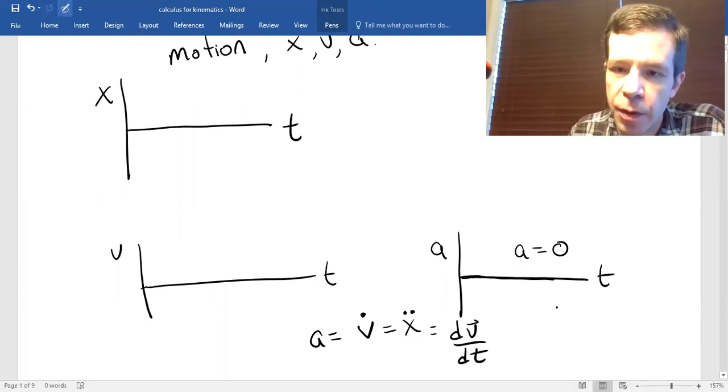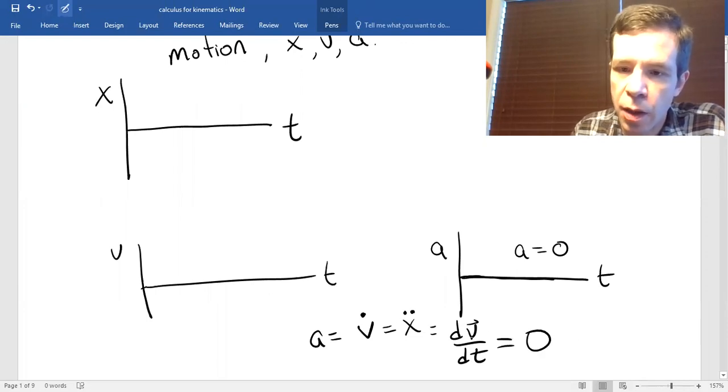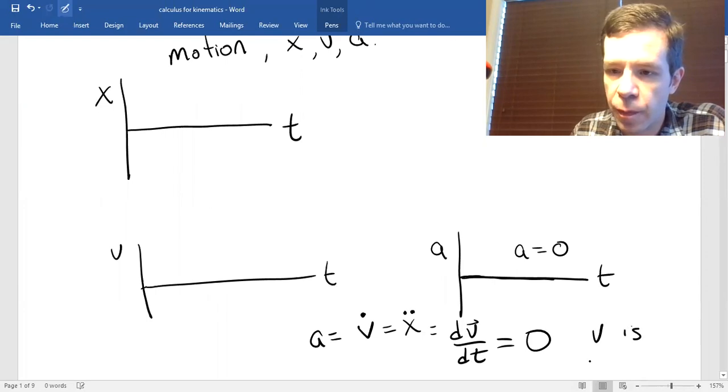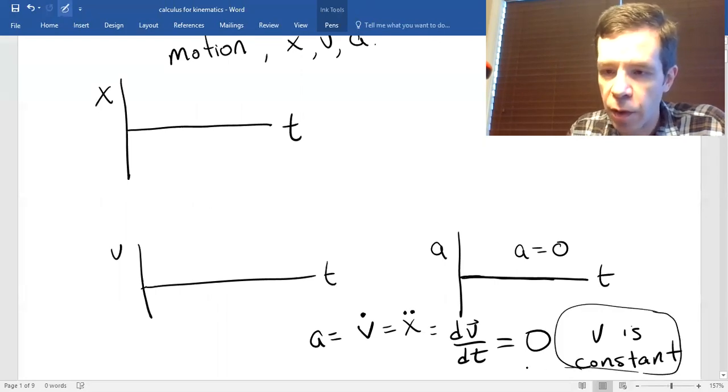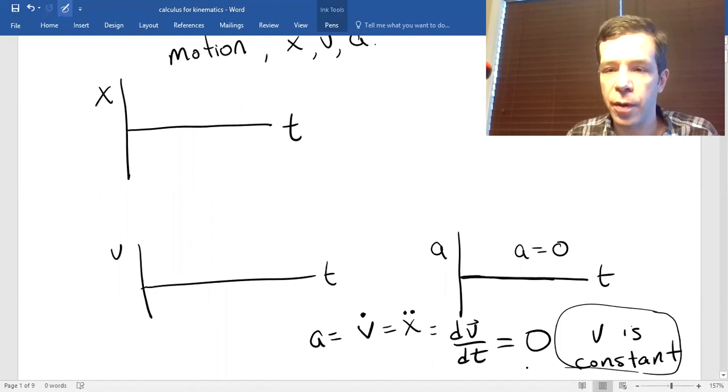So if that's equal to 0, then velocity is not changing. That's something that will arise again and again in our introductory physics examples. If we have a constant velocity, that means that we know our acceleration is 0.